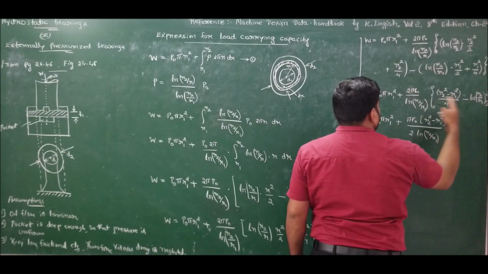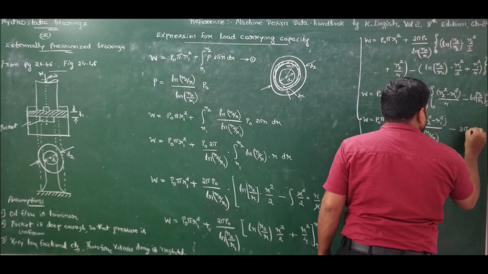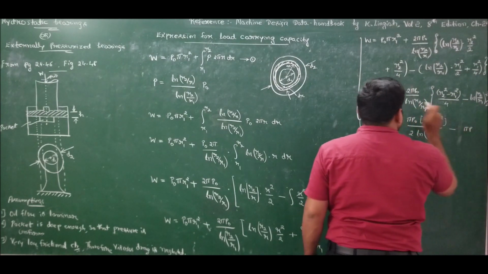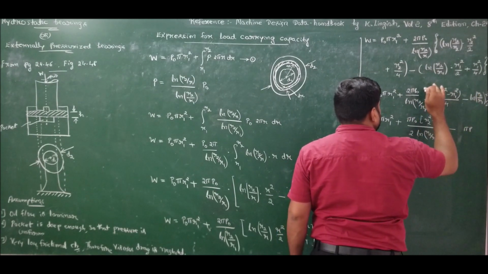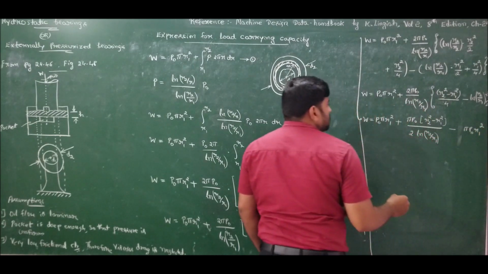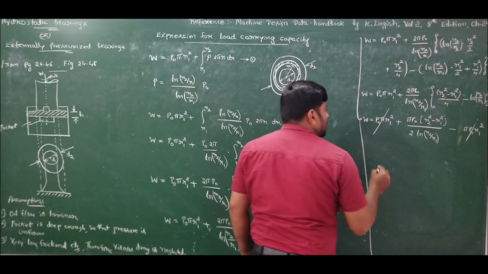The 2 and 2 will also get cancelled. This term and this term will also get cancelled. I am left with pi P naught R1 square, and pi P naught R1 square will get cancelled.